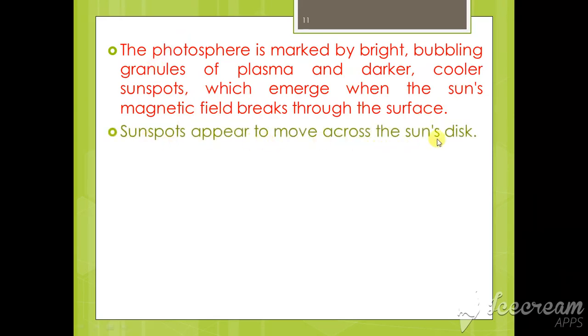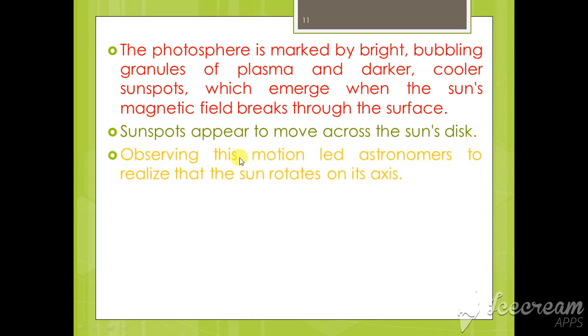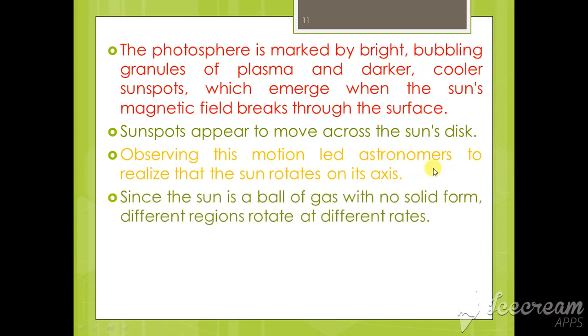Sunspots appear to move across the sun's disk. Observing this motion led astronomers to realize that the sun rotates on its axis.